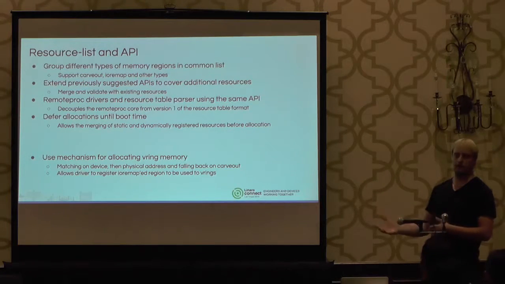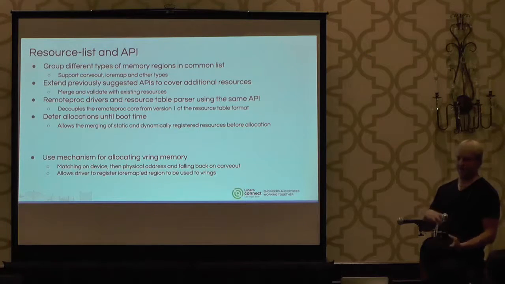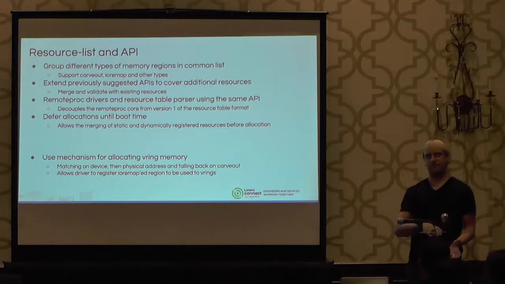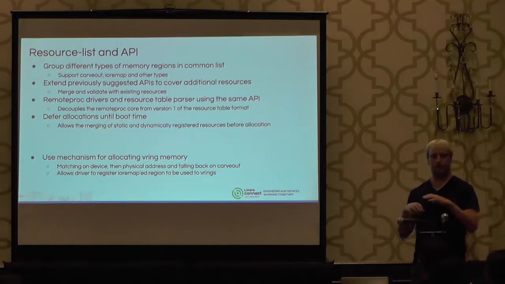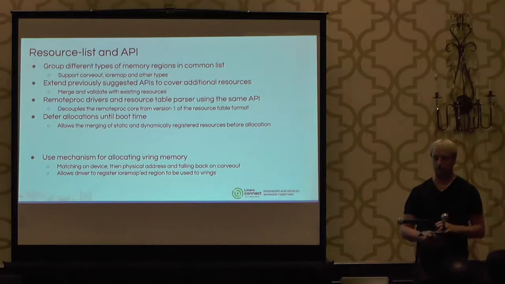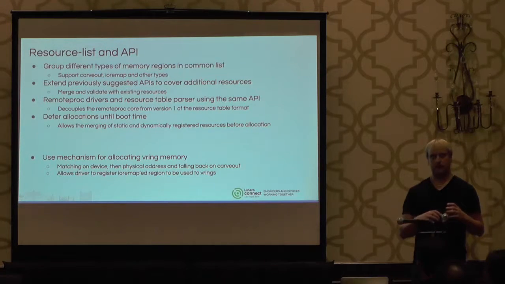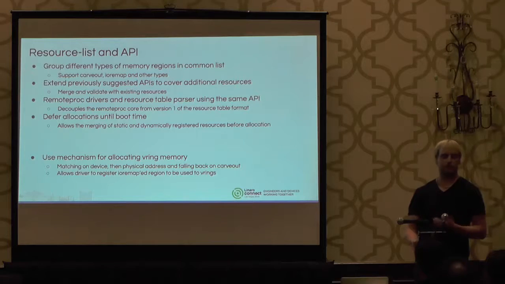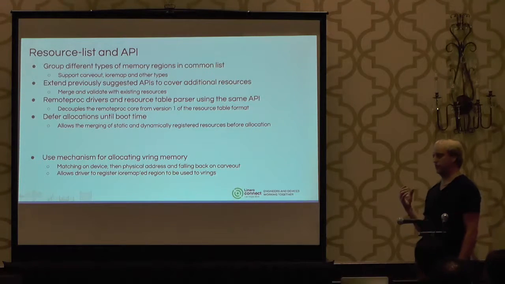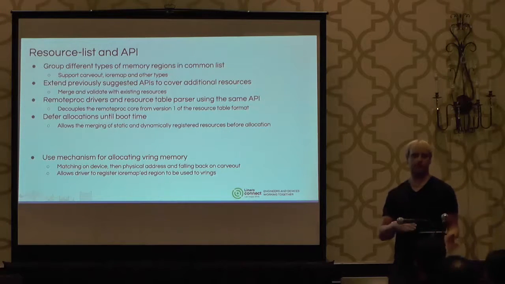If we do it like that, then we could use the merging mechanism so that when the VRing memory is allocated, we fall back to this generic data structure because it's no longer in the resource table. We have the mechanism to use the core's carve-out mechanisms for backing VRings, and it's now possible for Remoteproc drivers to control where their VRings end up.